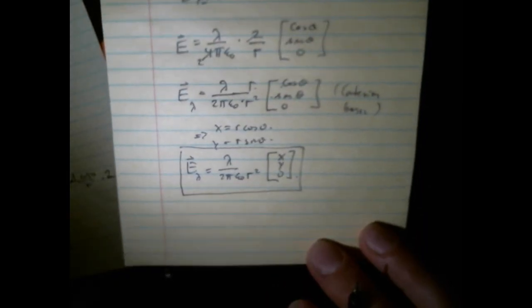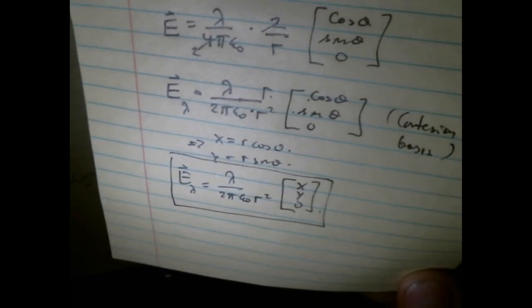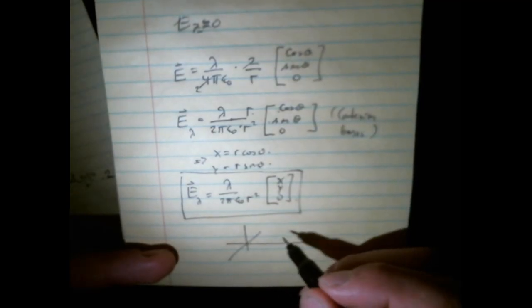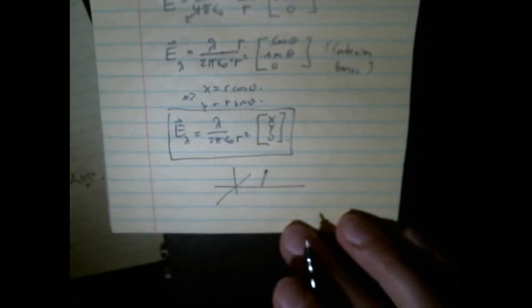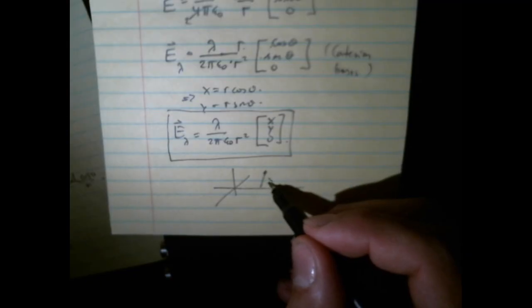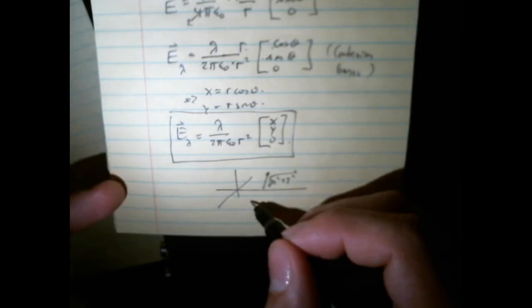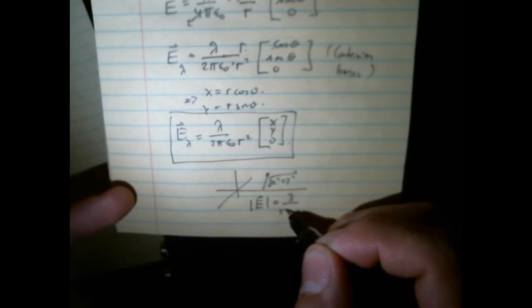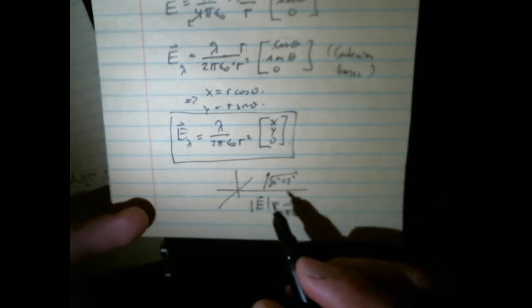And what do we need to consider about this? Well, if we're away from the line, the only thing that matters is the square distance, which will just become r, so that the magnitude of E at all points is just equal to lambda over 2 pi epsilon 0 r.